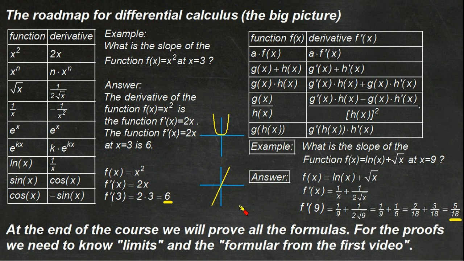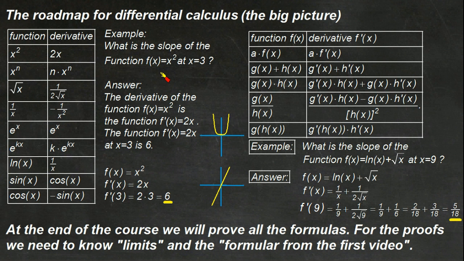Let us return to part 1 and let us consider an example. The example says, what is the slope of the function f of x equals x squared at x equals 3? So the first thing is we need the derivative.